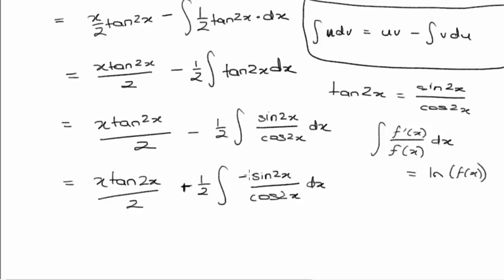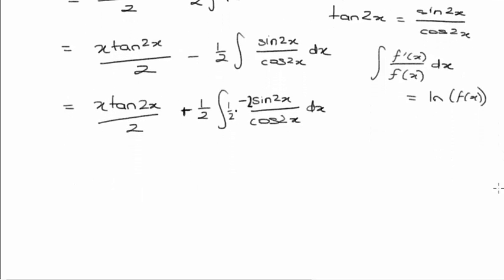And that's simple enough. We can multiply the front of sine 2x by 2, but in order for it to remain the same integral as in the beginning, we're going to multiply by a half as well. Because half is a constant, we can take the half out to the front of the integral. But there's already a half out in the front of the integral. So when we take the half out front, we're going to get a quarter outside, because half times half is a quarter.